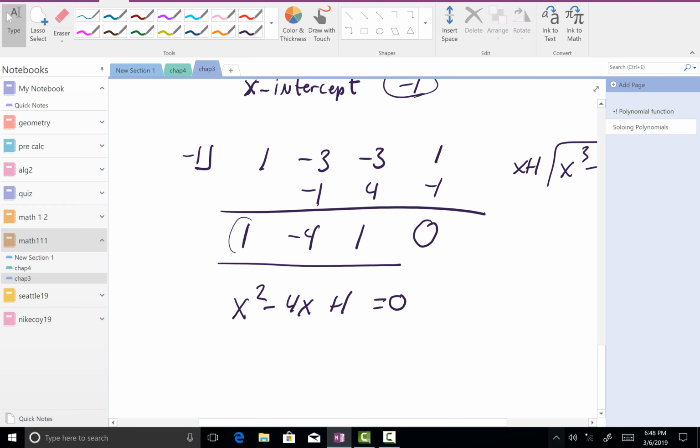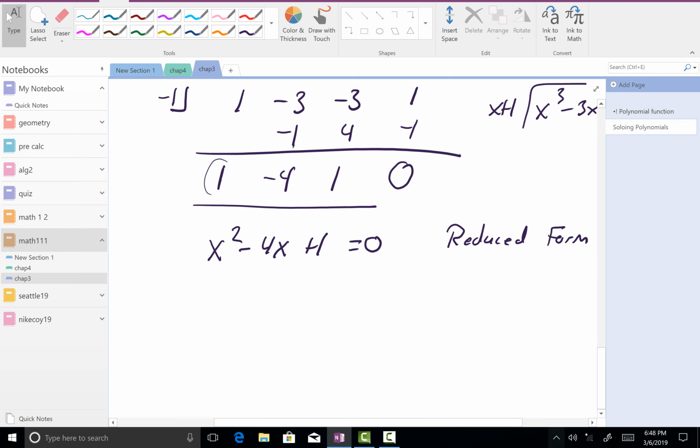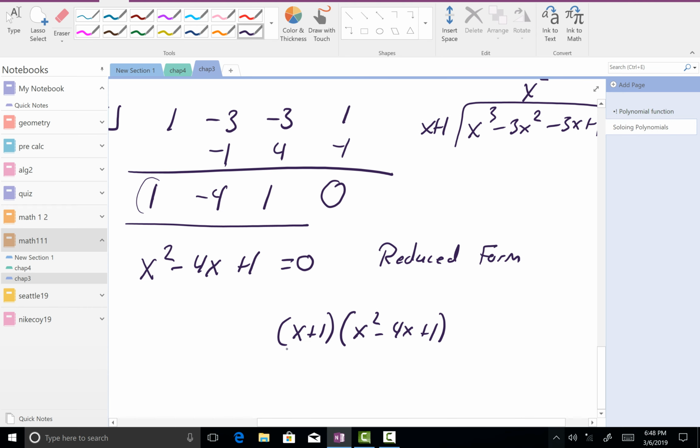Well, yes. So this is what the book calls reduced form. And let me explain a little bit about what we have here. So basically we have x plus 1 times x squared minus 4x plus 1. And if we took that and multiplied it, actually FOILed it, we'd get the original one, right?